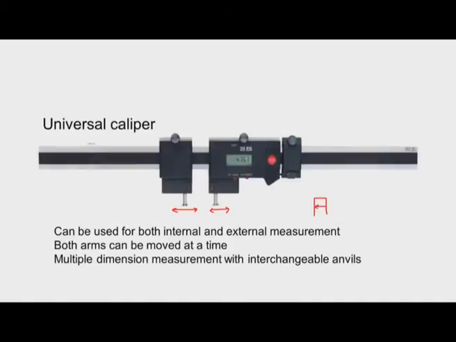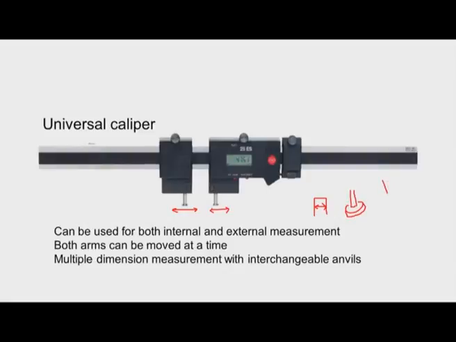In that case we can use two flat type anvils, and say we want a tube or a pipe, then one can be flat and one can be ball type or round disc type like this, disc type ends.